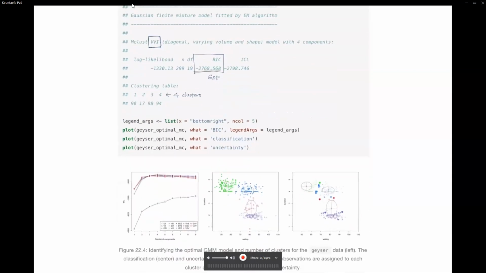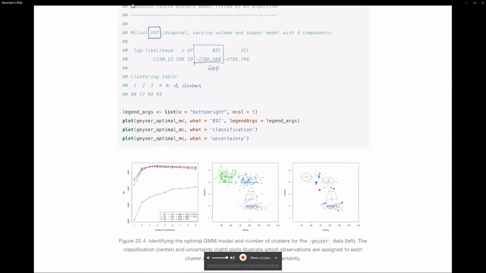And then we can also plot this kind of BIC outcome. Okay, like this one. The first one is this. Okay, and then as you can see here at the top, like VVI, it is very hard to see, but VVI is one of the top outcomes when it has four clusters here.